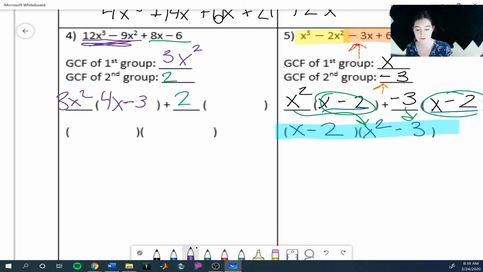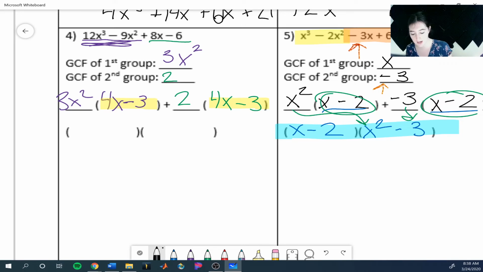All right, now if I take out the 2 out of this other group, 8x divided by 2, 4x, negative 6 divided by 2, negative 3. All right, they're the same. They're the same, so that means I can factor that out.